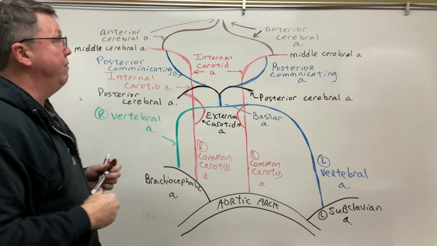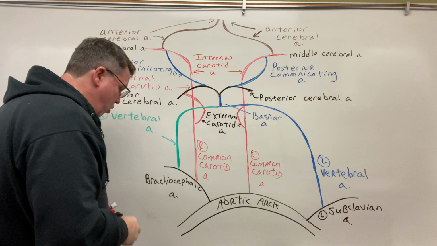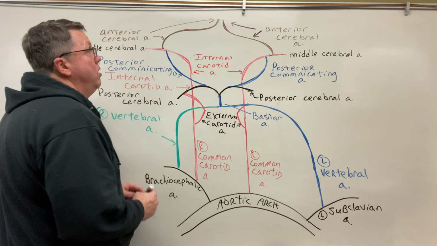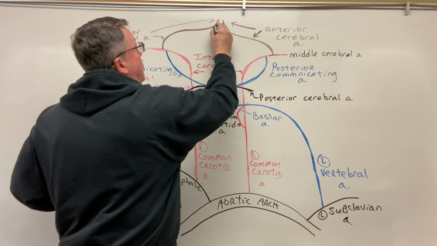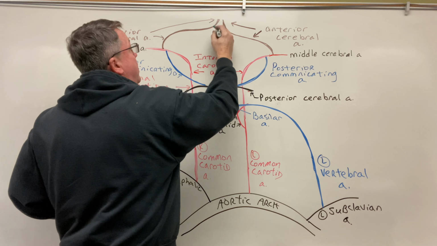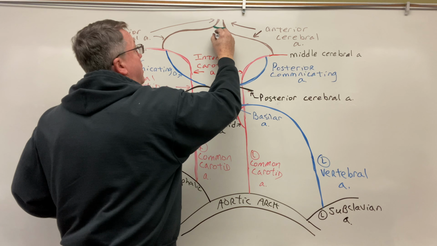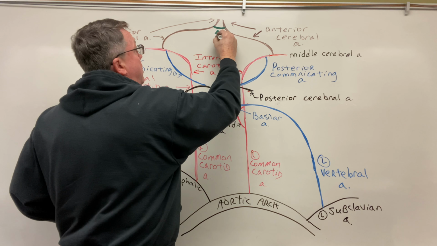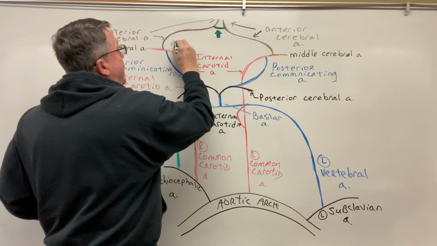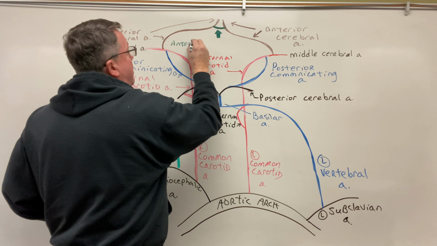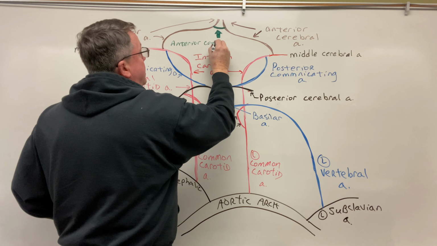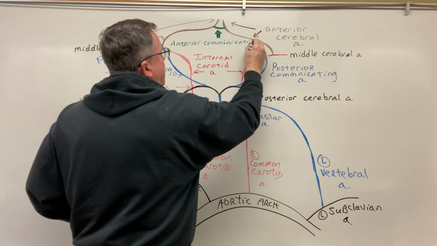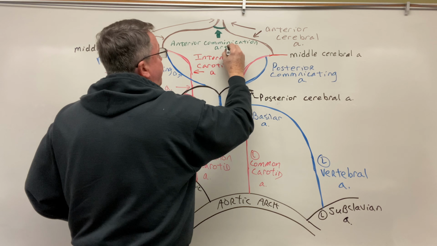Okay, so now, here's the thing. If you notice, there's also a little opening right there. So now, you're going to have another artery that's going to connect these two. And this artery that's connecting those two is going to be called my anterior communicating artery.